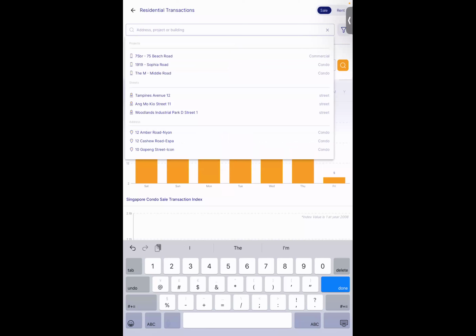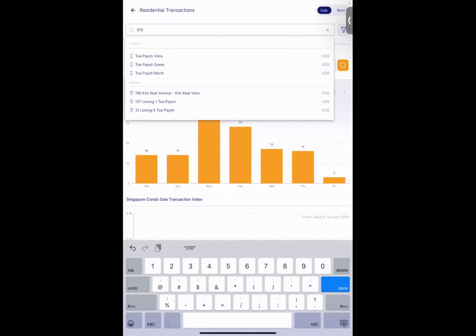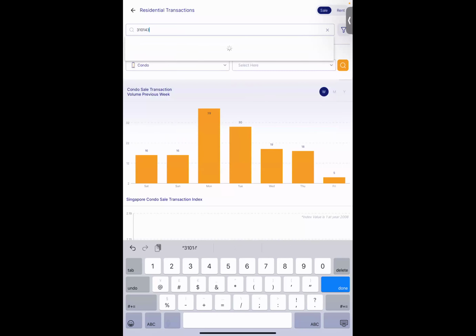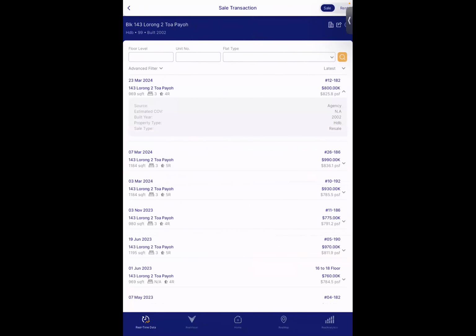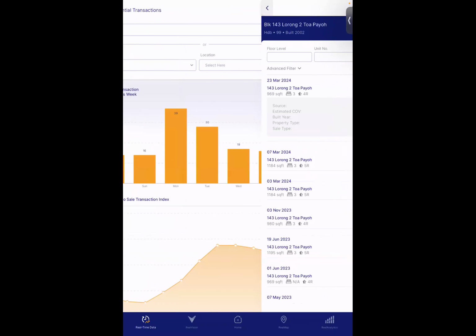Give me a second. Let me just see the map. So you see here, right? Block 143, I don't have the estate name. It's just block 143 only. No estate name behind. So in that case, I will search for Lorong 2 Toa Payoh.